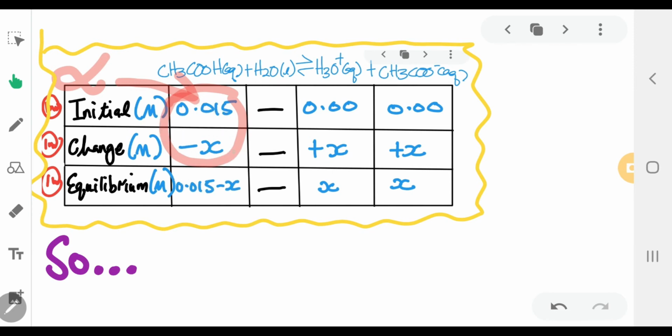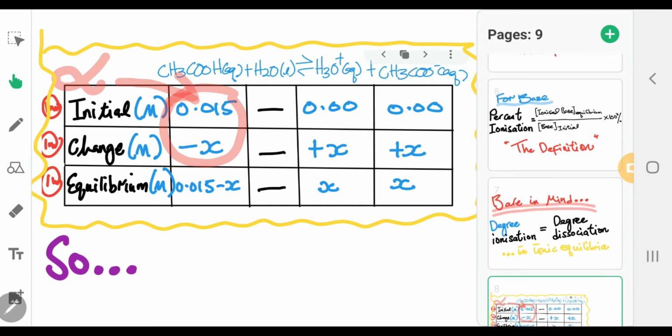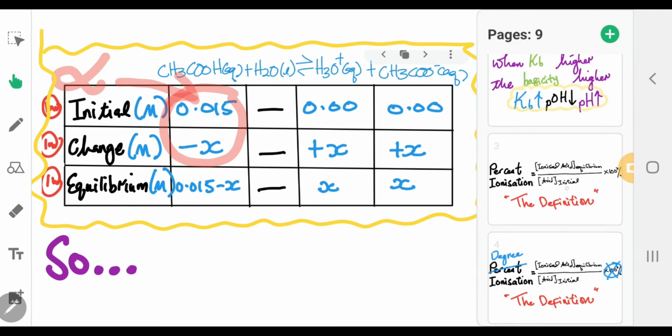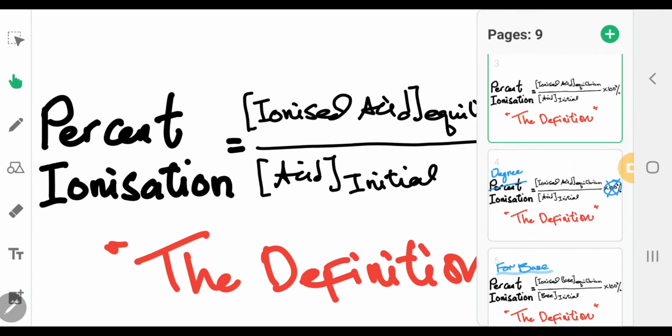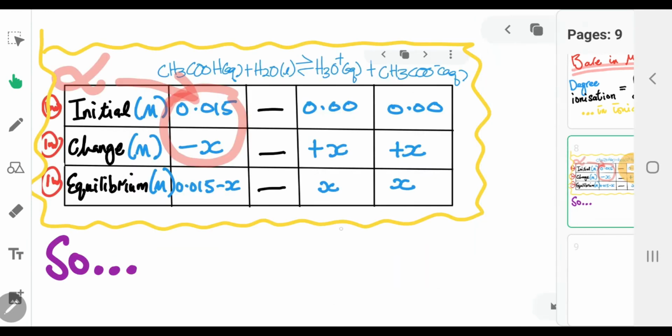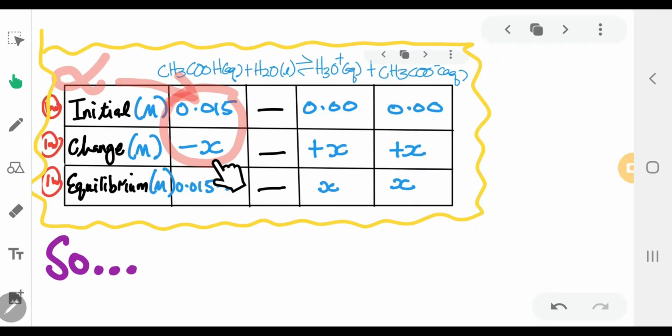Remember just now that we talked about the definition for percentage of ionization for acids: the concentration of ionized acid over the initial concentration of the acid. So the concentration of the ionized acid is the same as what we have in here. You can get it from the change.